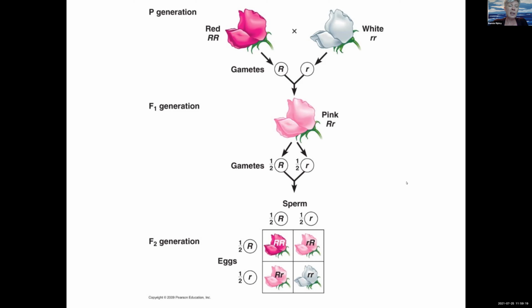So that big P purple allele exerts complete dominance over the little p white allele. The reason for that is that the little p white allele doesn't actually make a white pigment. It actually makes no pigment, right? So if there's any purple pigment being made at all, the flower is going to look purple, right?